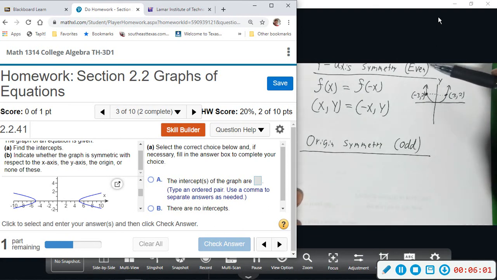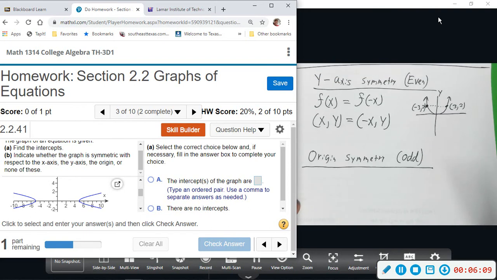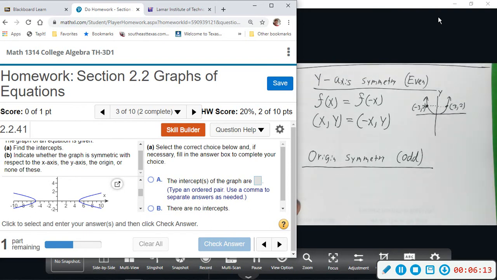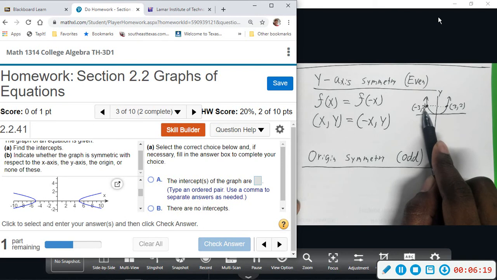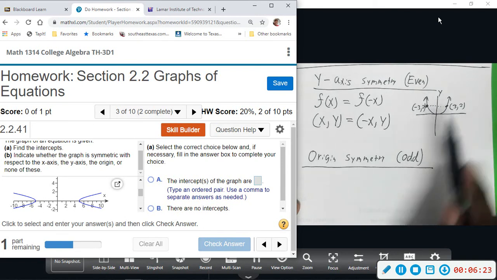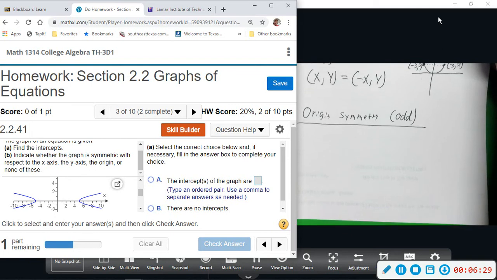Just because a graph is even or has y-axis symmetry does not rule it out from being odd. So you can have a graph that is even and odd. Which sounds weird because normally when we deal with numbers, this number 2 is even, it is not odd. And this number 3 is odd, and therefore it's not even. They cannot be both even and odd. But with graphs, it can be. I will try to show you an image of that.